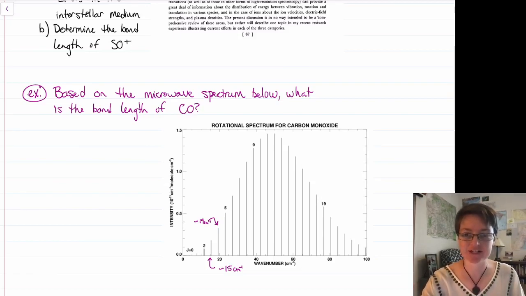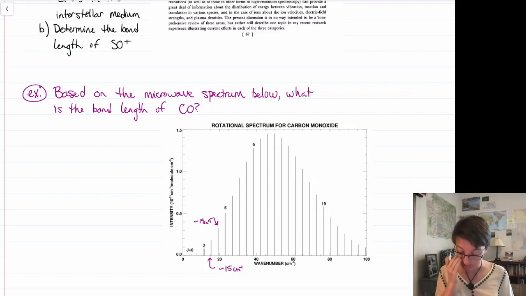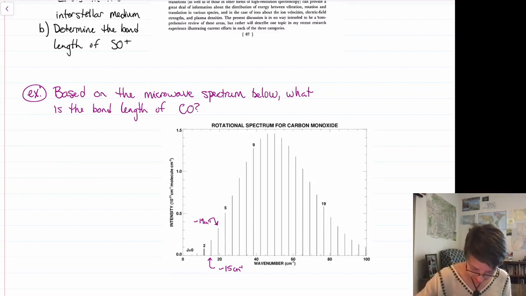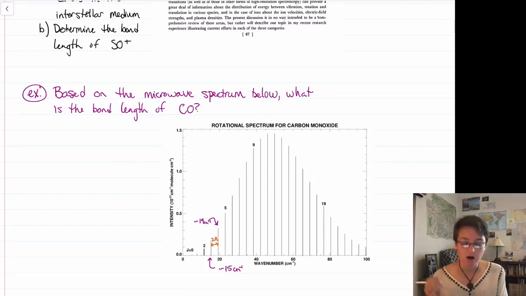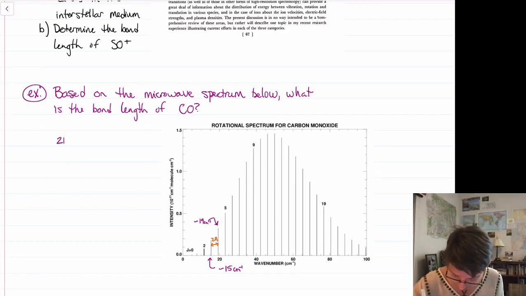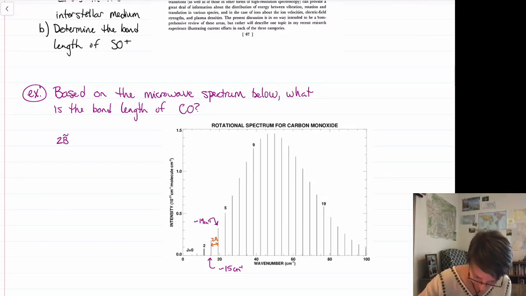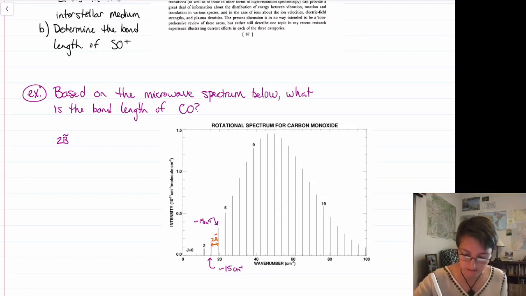All right, now that you've had a chance to do this, let's go through the problem together. So we know that the spacings between peaks should be equal to 2B. And using that information, we can determine that 2B, and I'm going to put a tilde above it since we're in units of wave numbers, to remind ourselves that this is not B in units of joules, is equal to about 4 inverse centimeters.